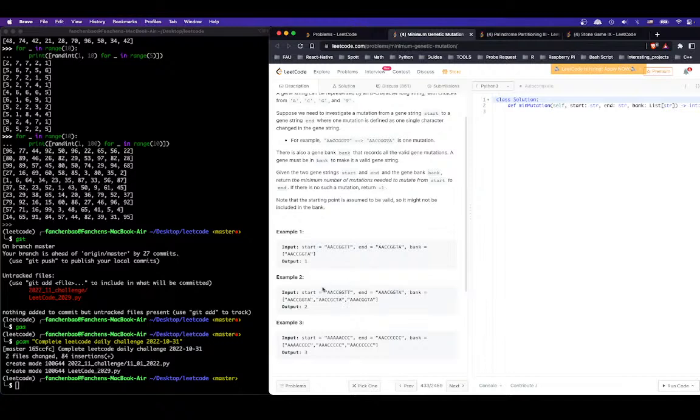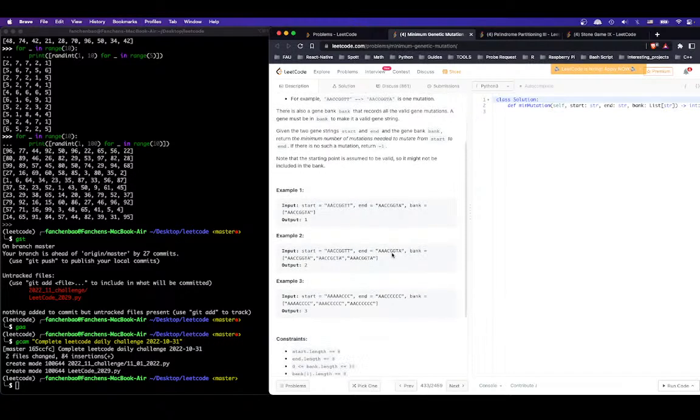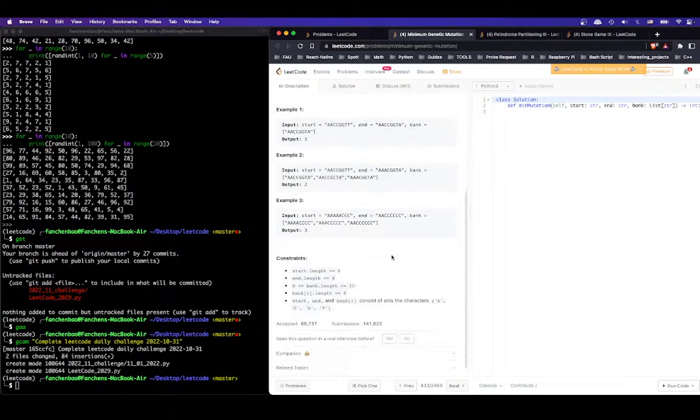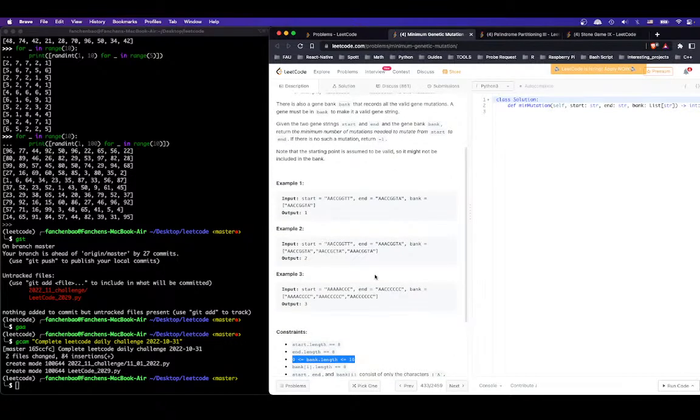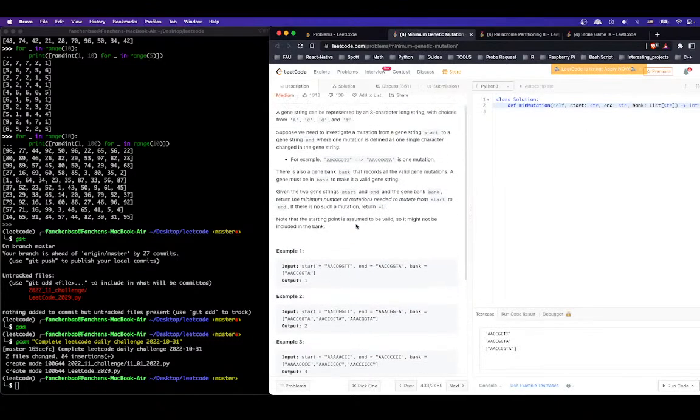So with this two, this has to be in it, right? If the end is not in it, then that's a no-go. Bank length is 8. Let's make this, I'm not sure, because they never say, is the end valid or not?